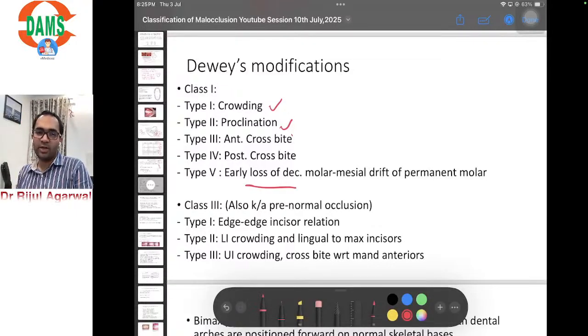So how will you classify? Now there is crowding also, proclination also, maybe anterior crossbite also, posterior also, and in the worst case scenario, due to loss of a deciduous molar, the 6 may also be seen mesially drifted or tipped. So how will you classify?